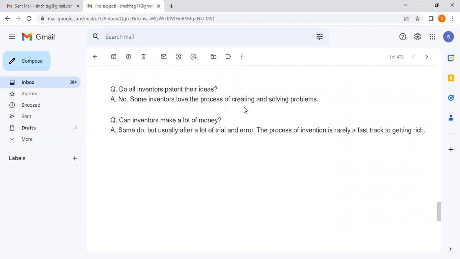No, some inventors love the process of creating and solving problems. Can inventors make a lot of money? Some do, but usually after a lot of trial and error. The process of inventing is rarely a fast track to getting rich.